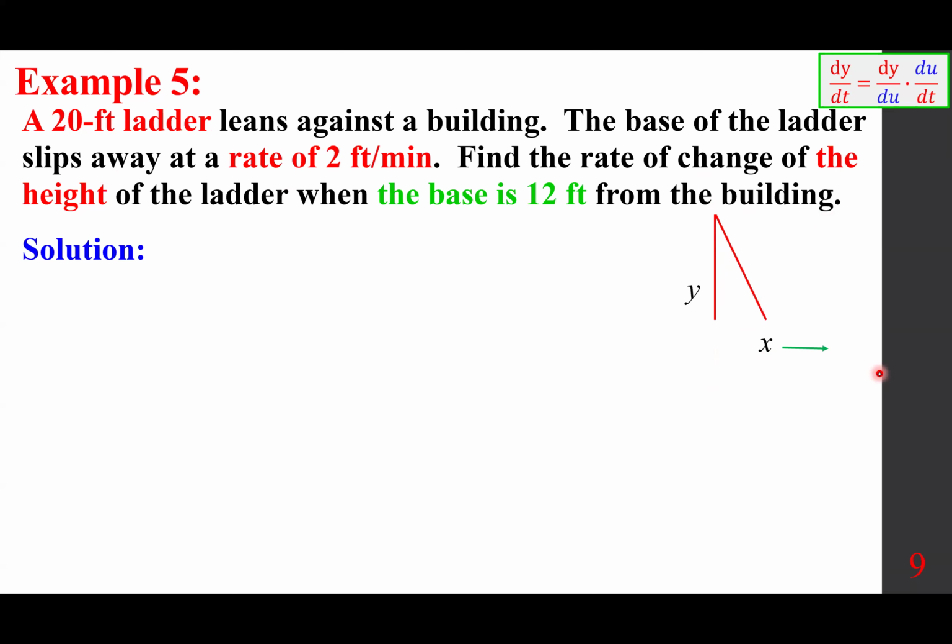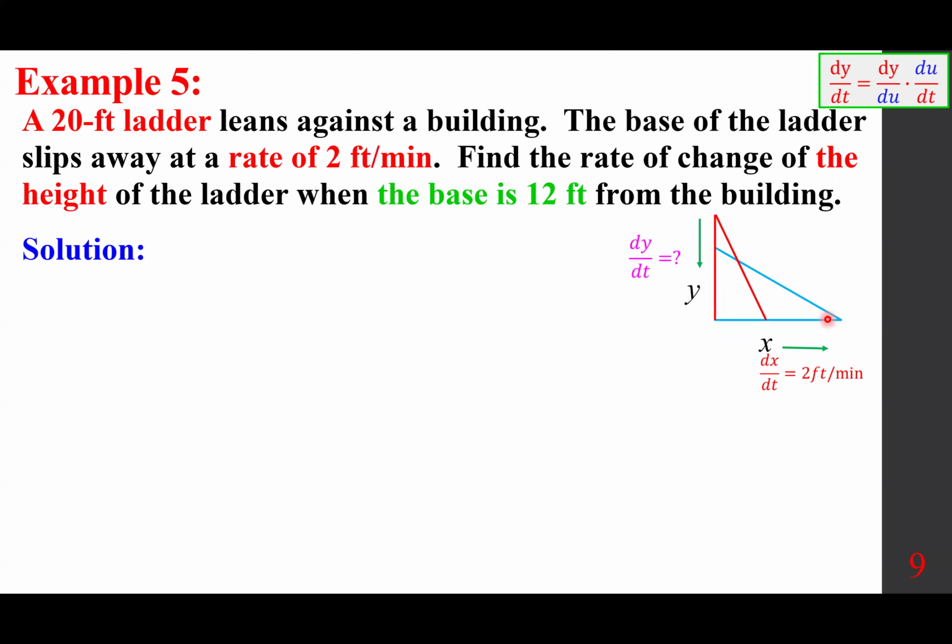So dx creates a speed or rate. dx/dt is 2 feet per minute. As it moves this way, it creates a shape, which is a right triangle. As it comes down, this gives us a speed or rate dy/dt, which we don't have, and we are looking for that.